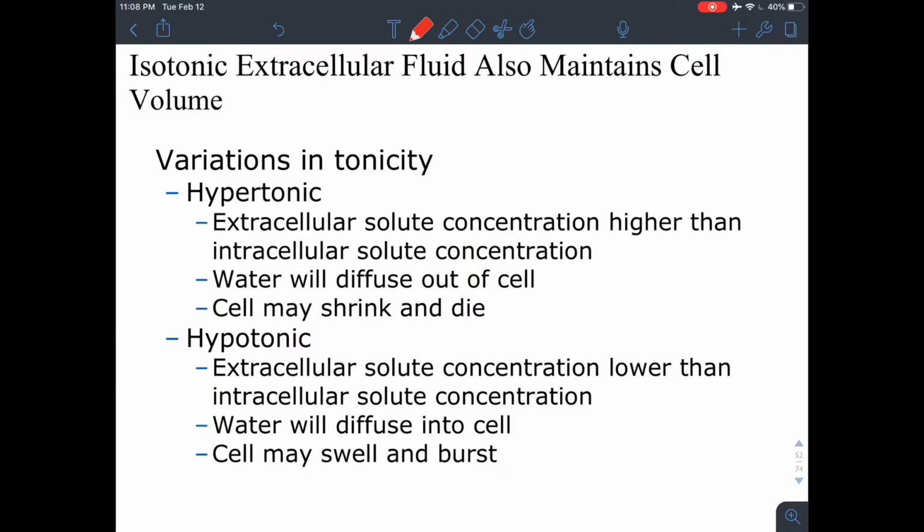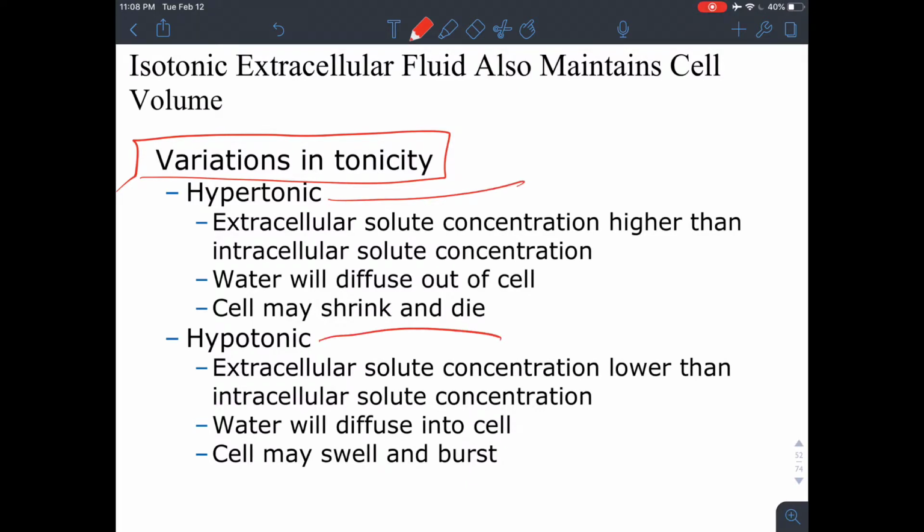Then when we have pathologies or changes or variations in tonicity, for either unhealthy or healthy reasons, we can see either hypertonic or hypotonic extracellular fluid. So when the salt concentration in the extracellular fluid, meaning outside the cell, increases, then we have a variation in tonicity.